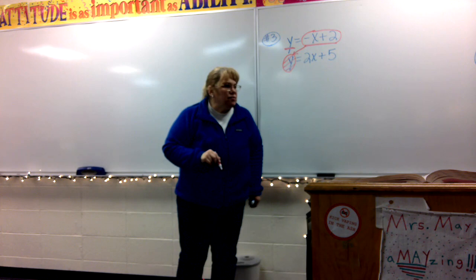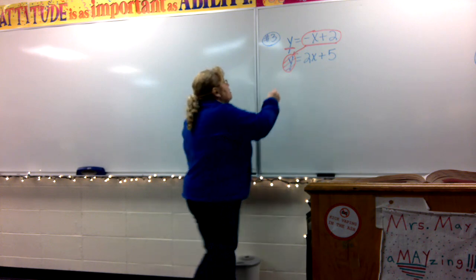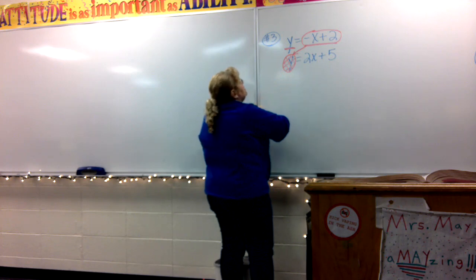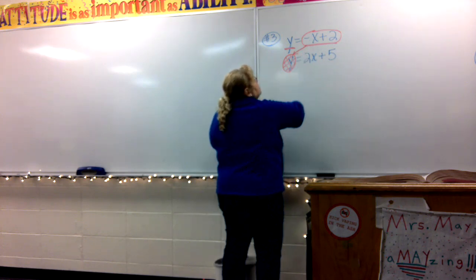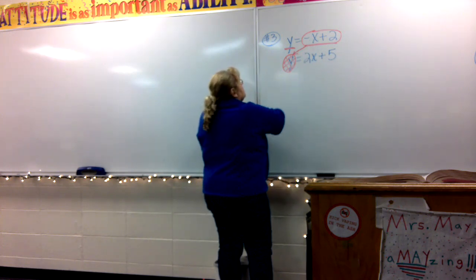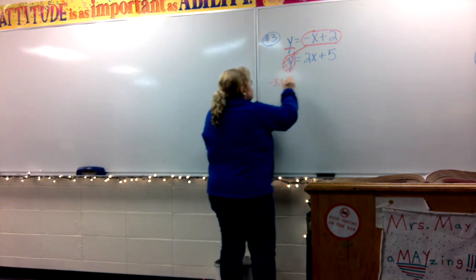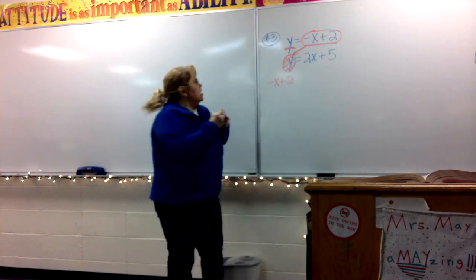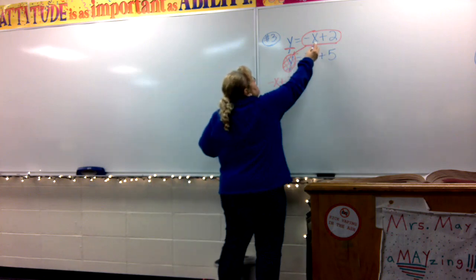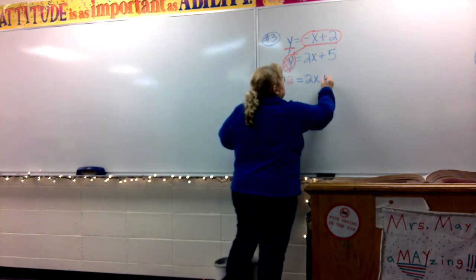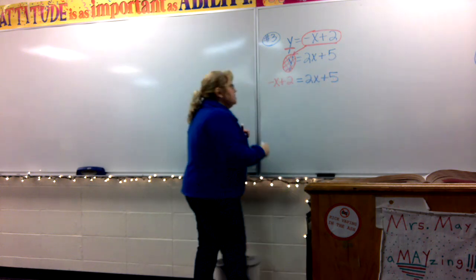Does that make sense? So down here, we're not going to put a y. What are we going to put in its place? We're going to put negative x plus 2 in its place. So instead of this y, we're going to put negative x plus 2. And look at that now.